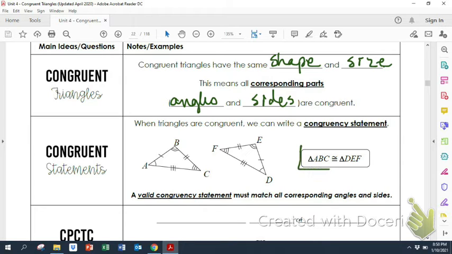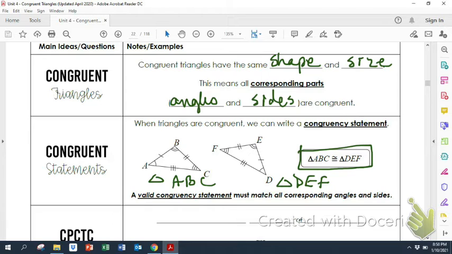So here's a congruency statement. And if you notice the way that these two triangles, triangle ABC is congruent to triangle DEF, because here's our triangle ABC, and this is our triangle DEF. And this is already marked for you with all the corresponding tick marks and the lines to show the corresponding angles.